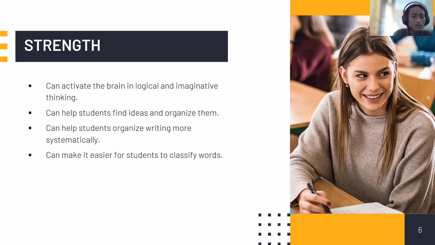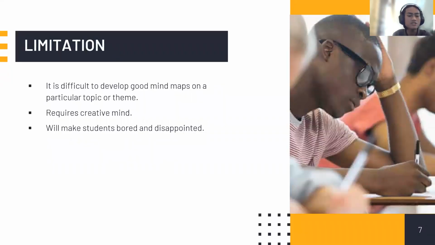The second is it can help students find ideas and write them in a structure that makes it easier to remember words. The third is it can help students organize writing more systematically. And the fourth is it can make it easier for students to classify words, making it easier for them to write.